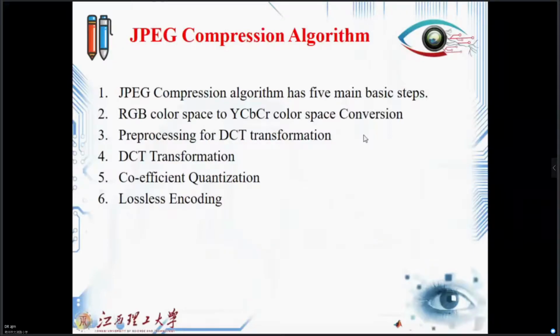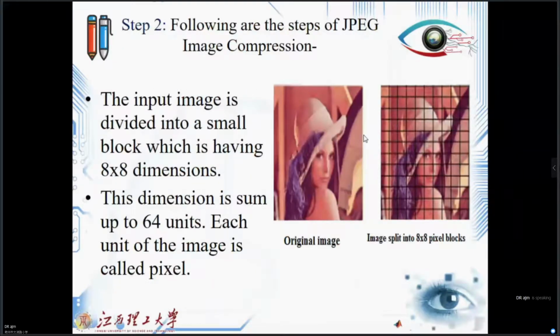Let us see what we have. The first step that we can follow in JPEG is, first we should work on the input image. We call this the pre-processing job. What we will do here, suppose in the first one, after receiving the input image, it should be divided into small blocks, which may have 8 by 8 dimension.